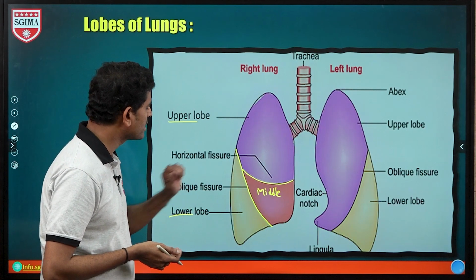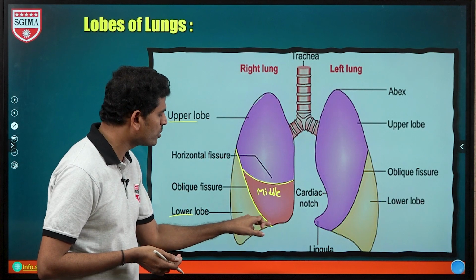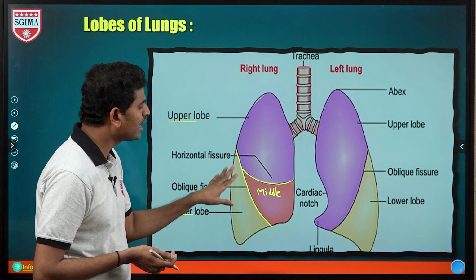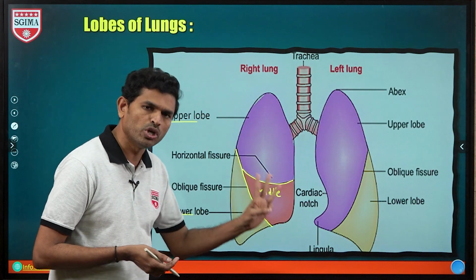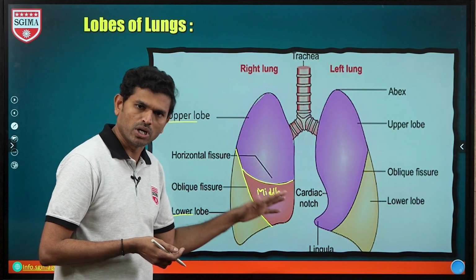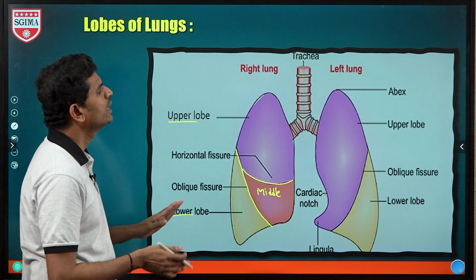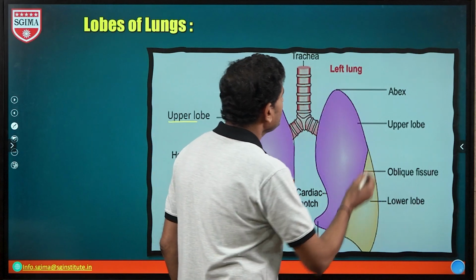So here 2 fissures. One is a horizontal fissure and another one is an oblique fissure. They divide the entire right lung into 3 lobes. The upper one is the superior lobe, the middle one is the middle lobe, and the lower one is the inferior lobe. Okay, so next we can see the left lung.